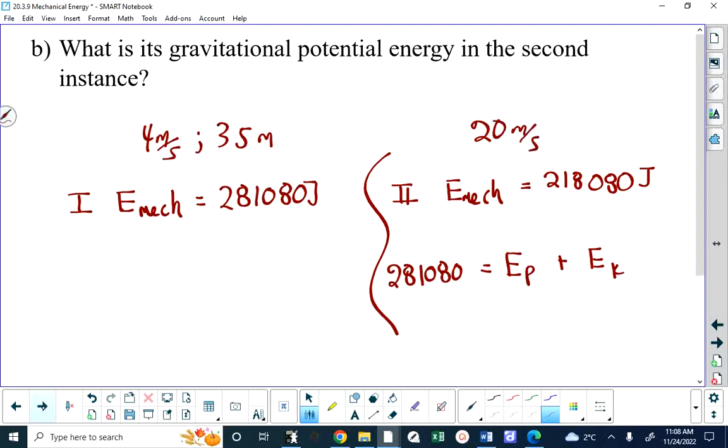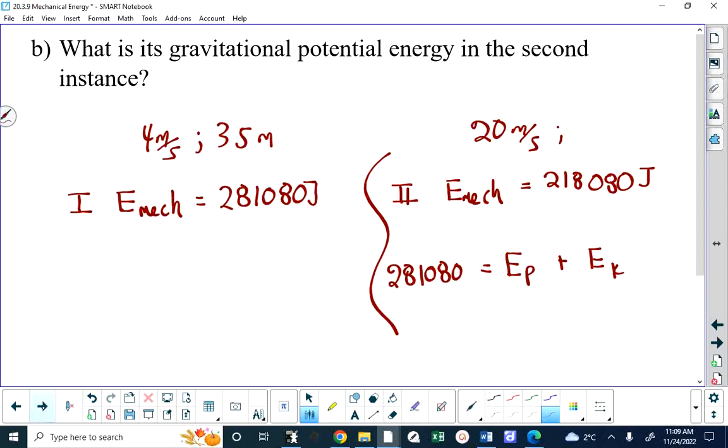You don't need to think this way, but how many of you realize what's happened is the height has decreased? Because 20 meters per second is faster than 4 meters per second. Of that 281,080 joules, more of that energy is kinetic now, which means less of it is potential, which means it's at a lower height.